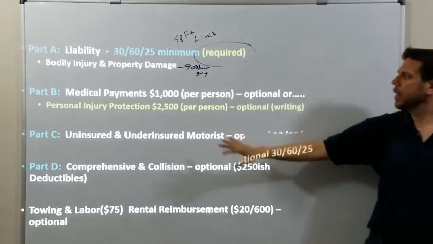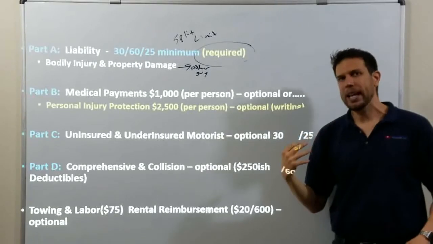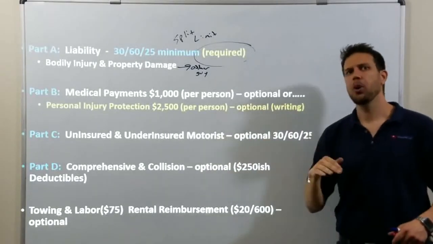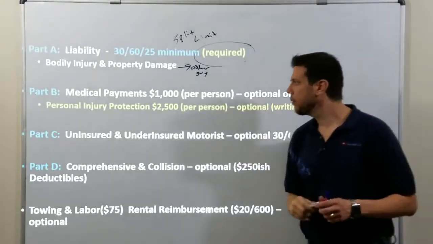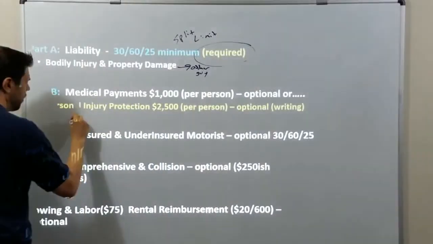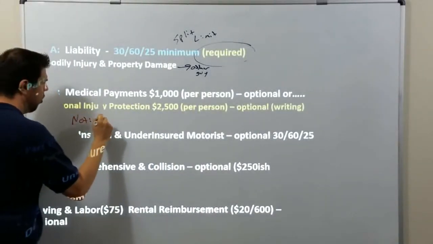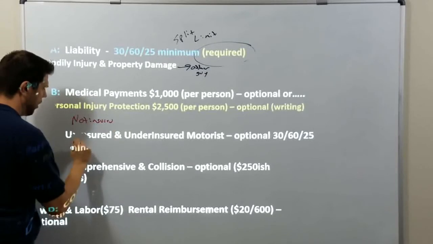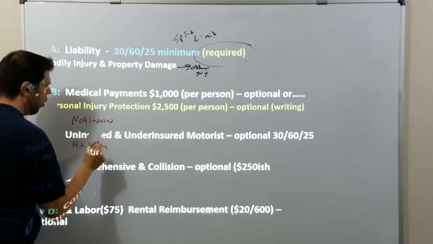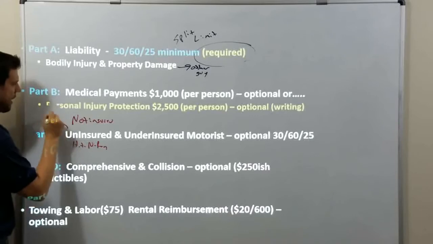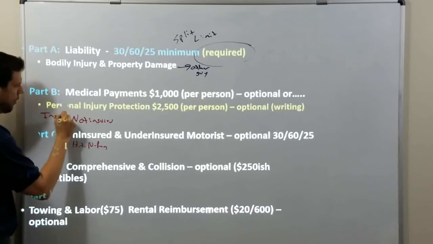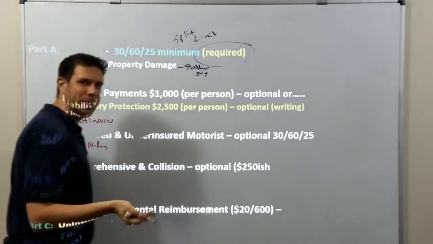Uninsured covers you if somebody hits you without insurance, or if they hit you and run, or if their insurance company is insolvent. Insolvent means bankrupt.